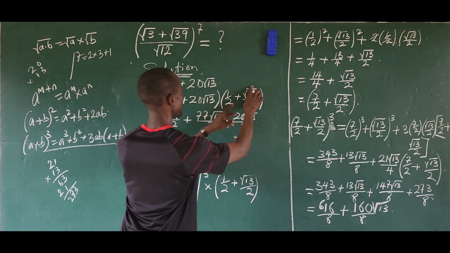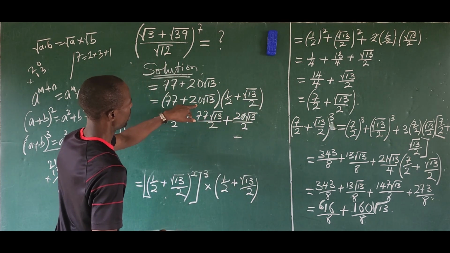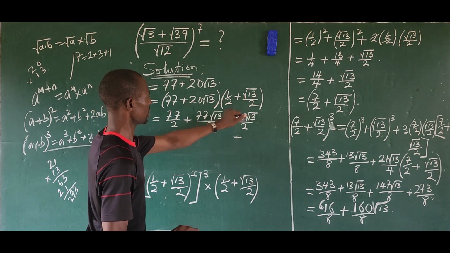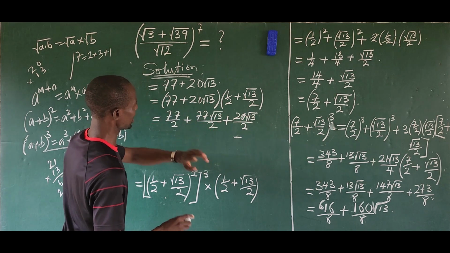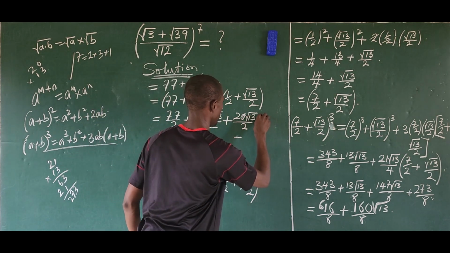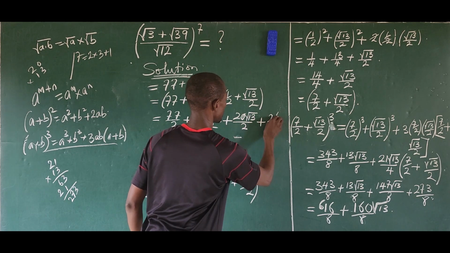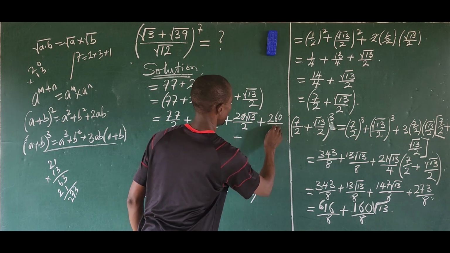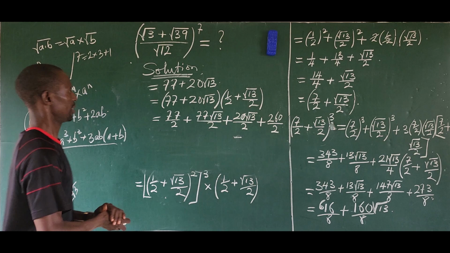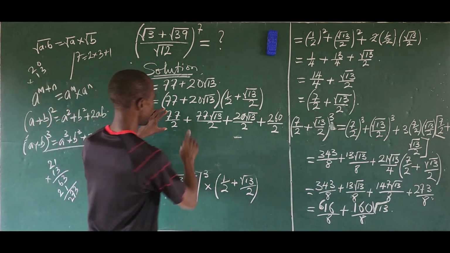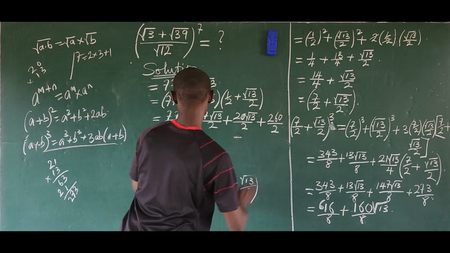Then we use this to find this. This is going to give us 20 times 13, which is 260 all over 2. So we have here plus 260 all over 2. Right? Good. So we can add this and this together.